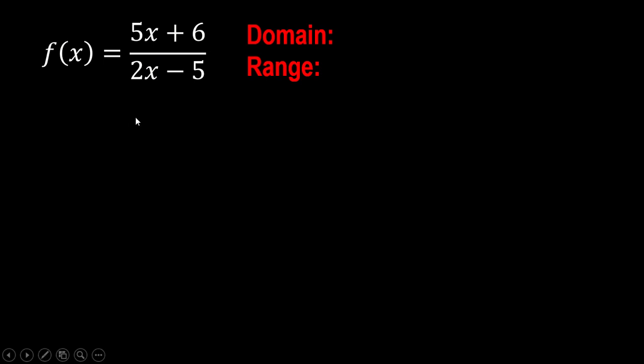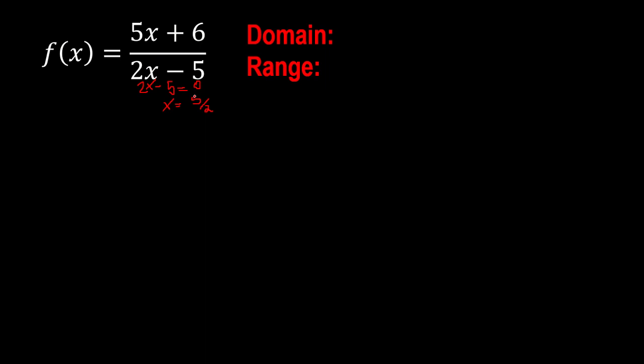If we solve 2x minus 5 equals 0, the value of x here is 5 halves. Remember, this is the vertical asymptote of the function.